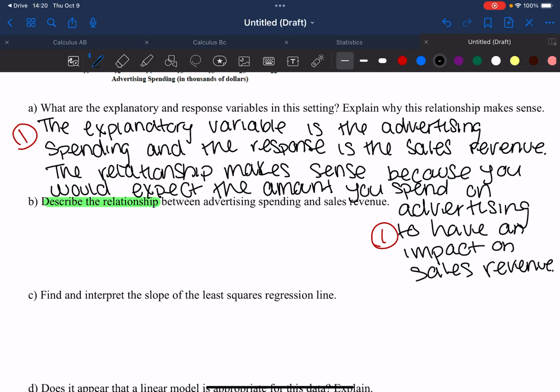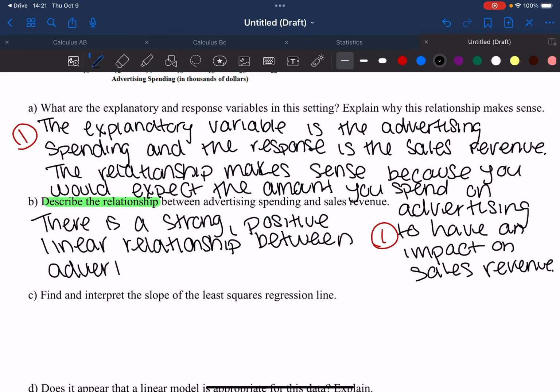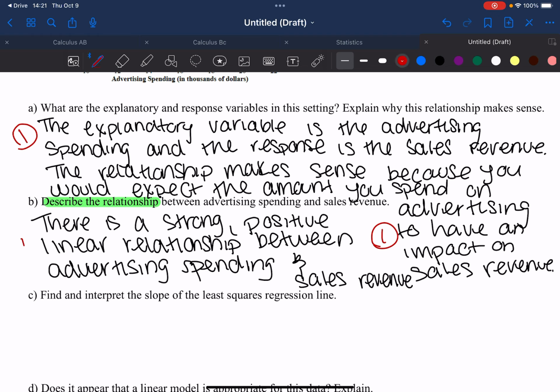So you should have written that there is a strong, positive, linear relationship between advertising spending and sales revenue. Okay, this was 1 point.